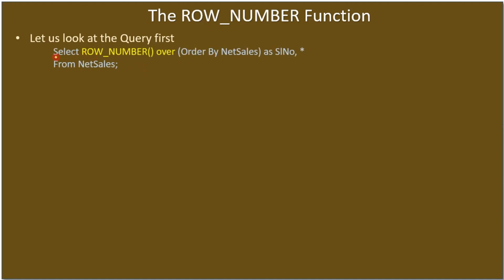Here we make a select statement, SELECT ROW_NUMBER. That's the function call we are making. Here we are using the OVER clause, ORDER BY net sales. Here we should have named it differently, but this is actually a column name, and this one is the view which we created in the previous video.